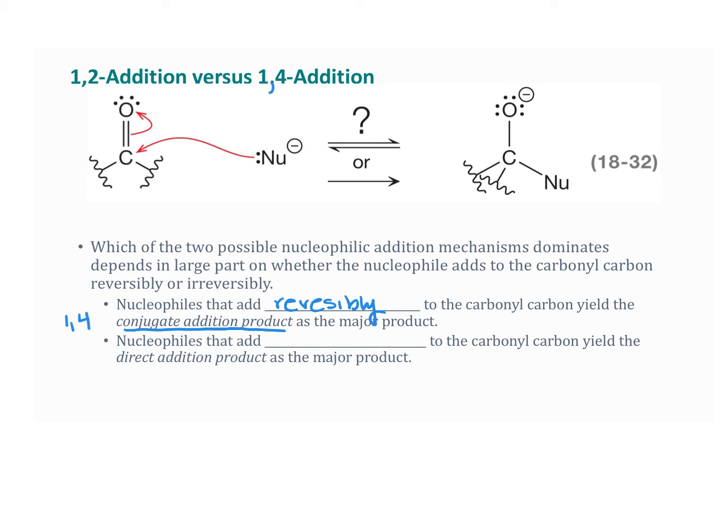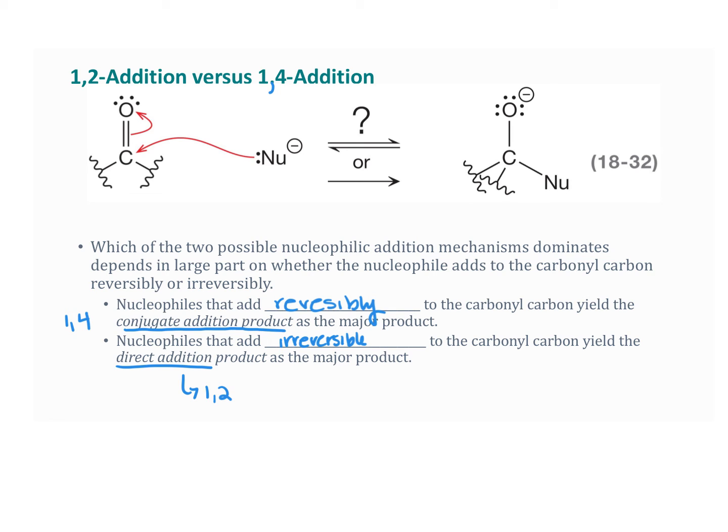And the nucleophiles that add irreversibly give us the direct addition product, which is the 1,2. So, of course, reversibly gives us those equilibrium arrows. If you just have one arrow, that gives you the irreversible.